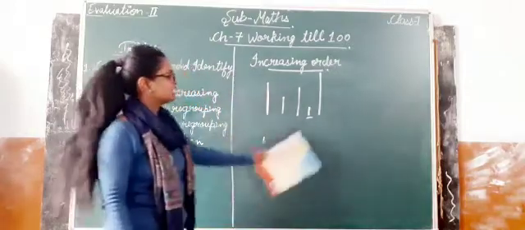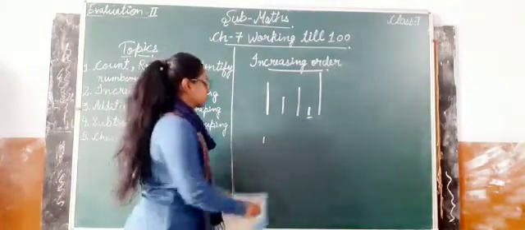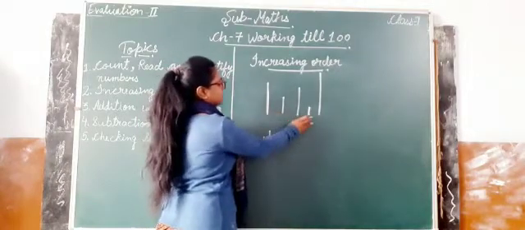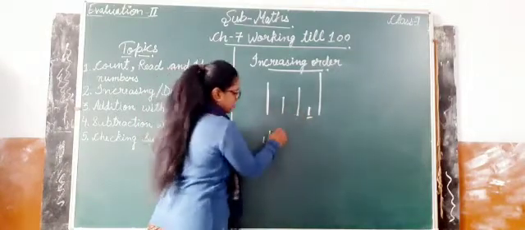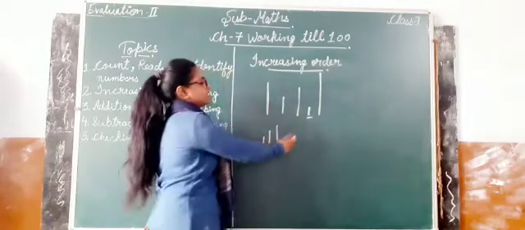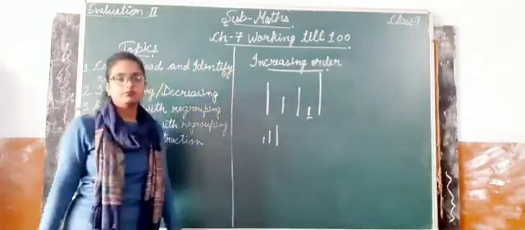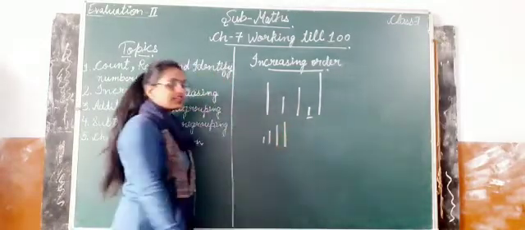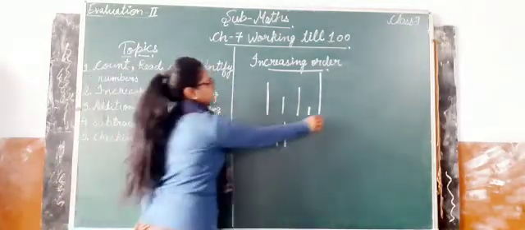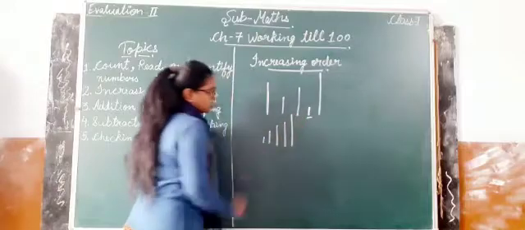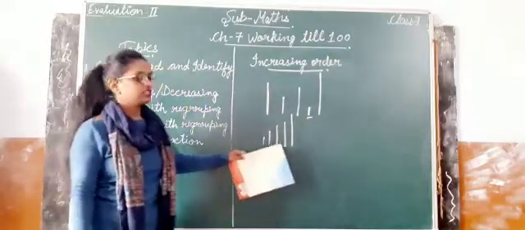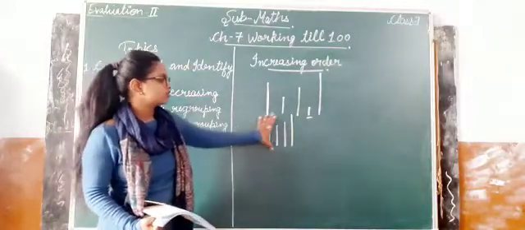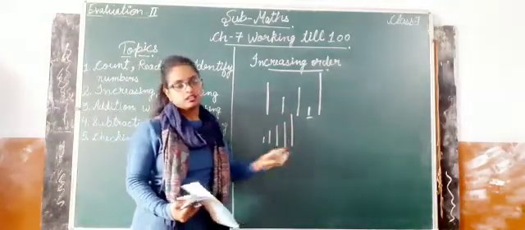Then which line is bigger than this? It is this one. Then which line is bigger than both of them? It is this one. Then which line is bigger than the three of them? It is this one. And which is the biggest line out of them? It is this one. So this is how we have arranged these lines in increasing order, from the smallest line to the biggest line. This is increasing order.